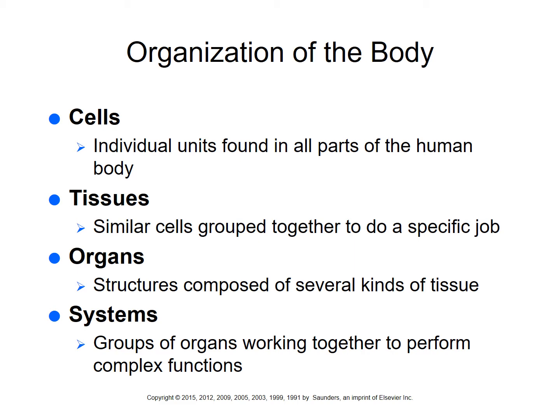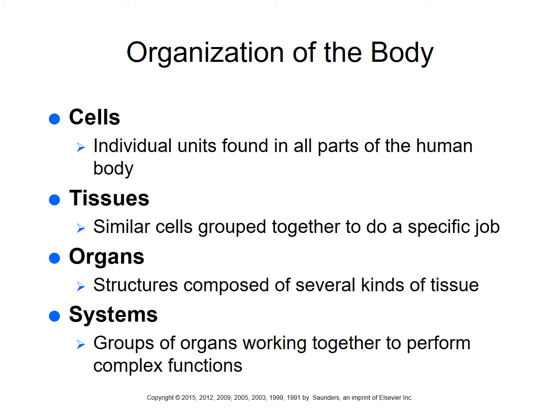Tissues are similar cells that are grouped together to do a specific job. Your liver cells are going to be grouped together and form liver tissue, which is going to then form our next term, the organ itself. And organs are structures composed of several different kinds of tissue.